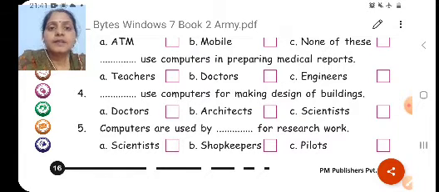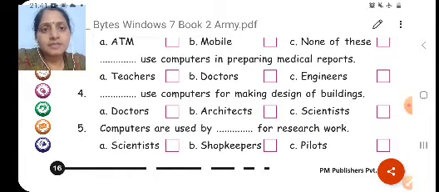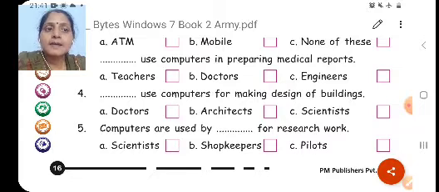As we know children, doctors diagnose diseases, architects design buildings and scientists do researches. So the correct answer is architect. So you will put a tick in front of architect.